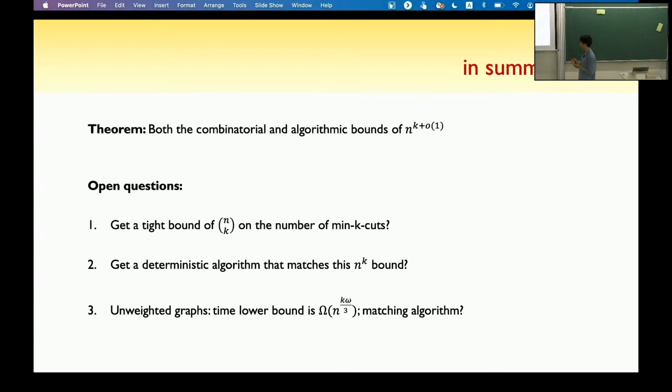This is one research direction. For k equals 2, you're just solving the mincut and applying Karger-Stein.